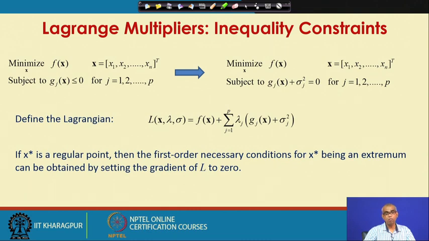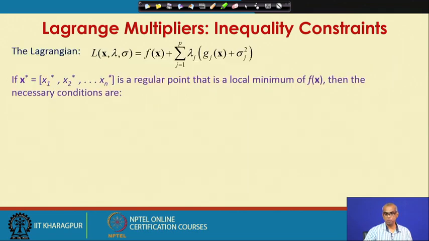You take the derivative of the Lagrangian L with respect to the Lagrange multipliers and set that equal to 0, and then we can also take the derivative of the Lagrangian function with respect to the slack variable and set that equal to 0. So, we need to solve these equations and then we will find the stationary points, which are candidates for minimum.